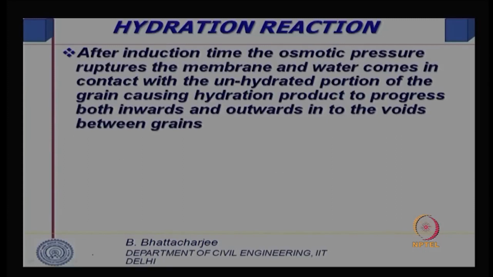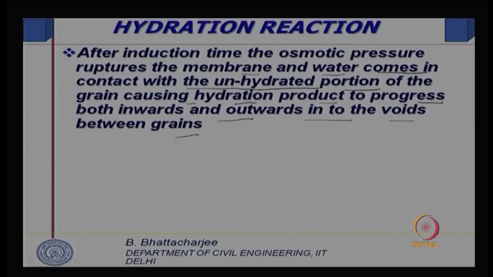and after the induction time, the osmotic pressure ruptures the membrane, and water comes in contact with the unhydrated portion of the grain, causing hydration product to progress both inwards and outwards into the voids between the grains.